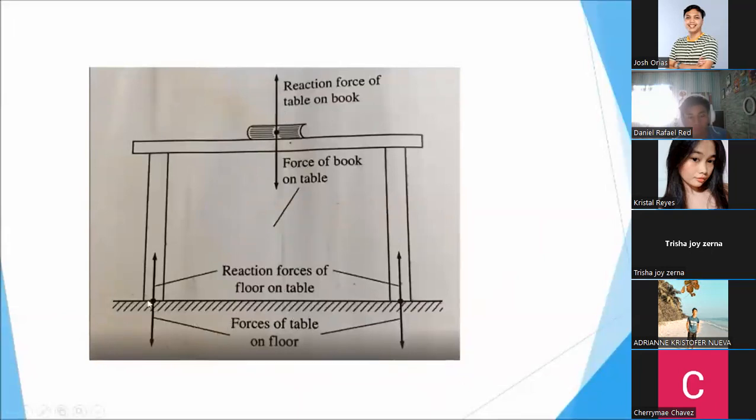The downward arrows here are the forces of the table on the floor, and the upward arrows there are the reaction forces of the floor on the table because they are in contact. The legs of the table are in contact with the floor, and here the book is in contact with the table. So these are examples of contact forces, and you see where the force pairs are.